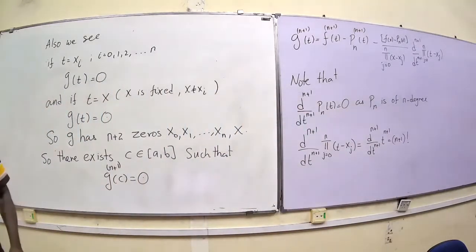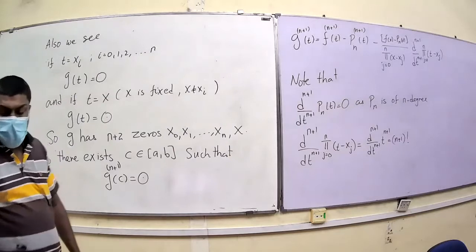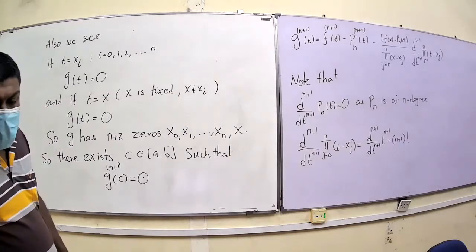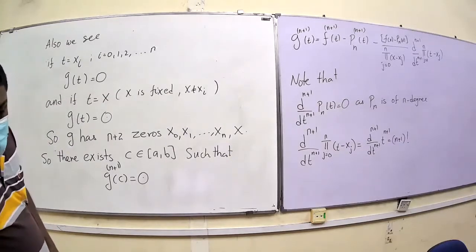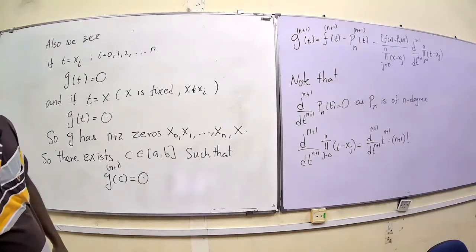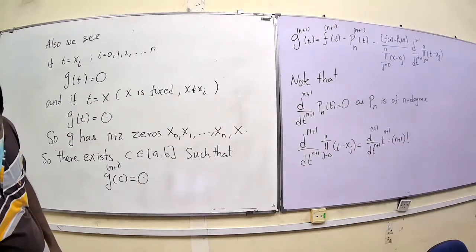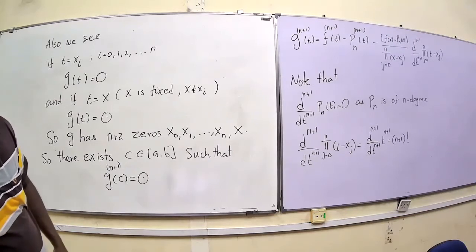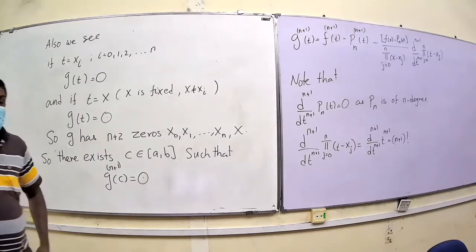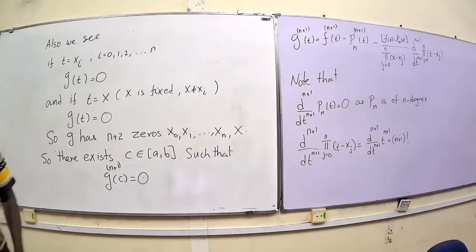First thing, P is a polynomial of maximum degree n. So when you take the derivative of that up to n plus 1 times, t to the power n is the largest power you can have. So the n plus first derivative ended up as 0, right?